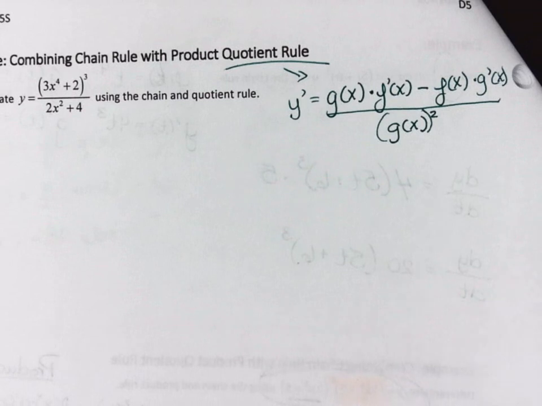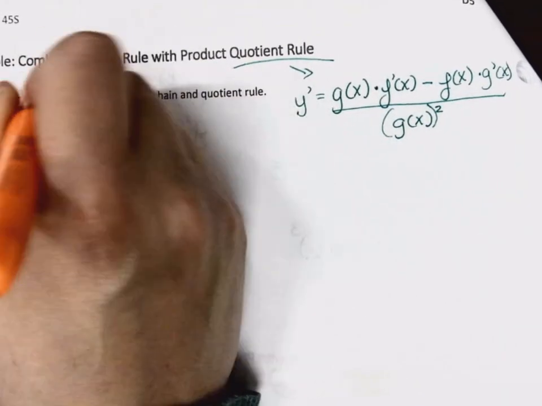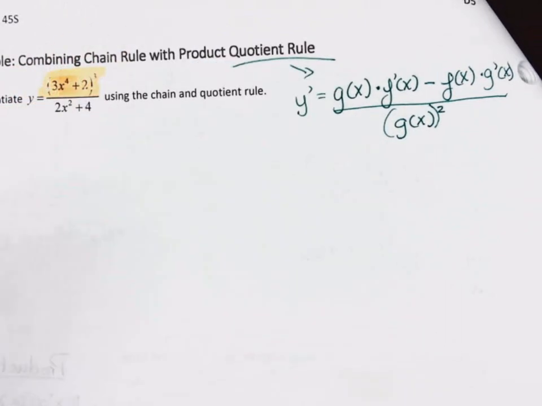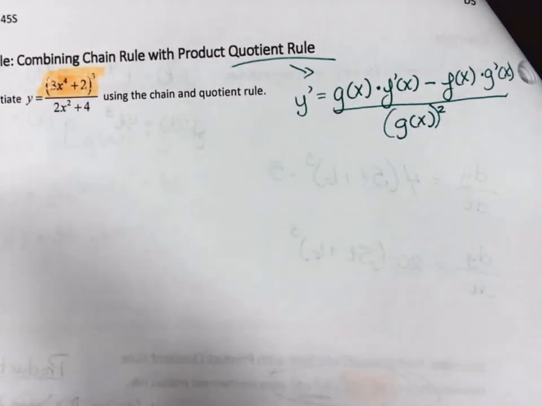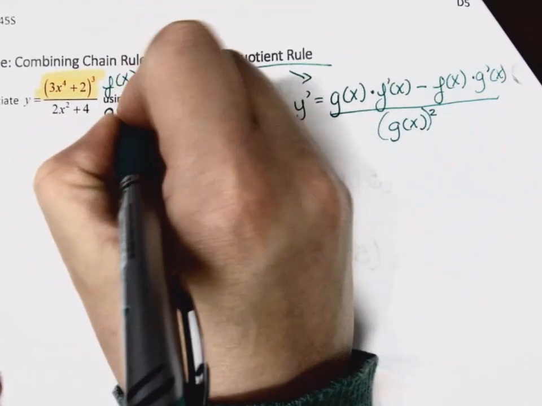And so what we see, where did my highlighter go? What did we see here? This is a composite function, and so your top would be your f of x, your denominator would be your g of x.